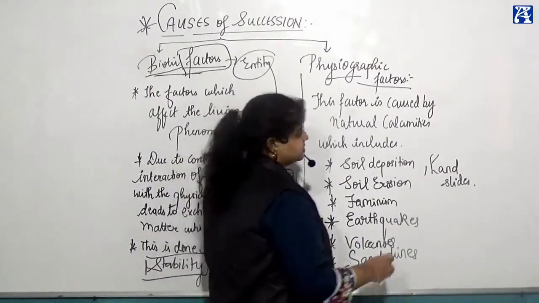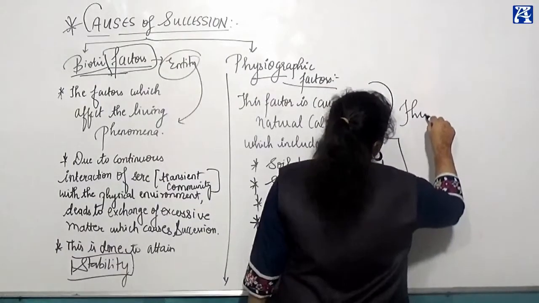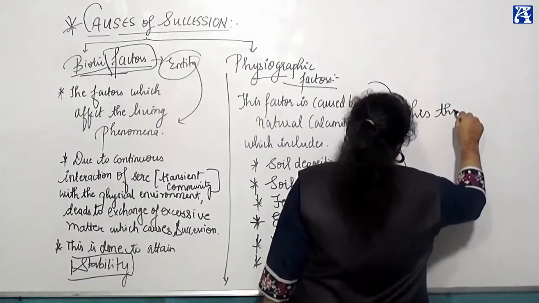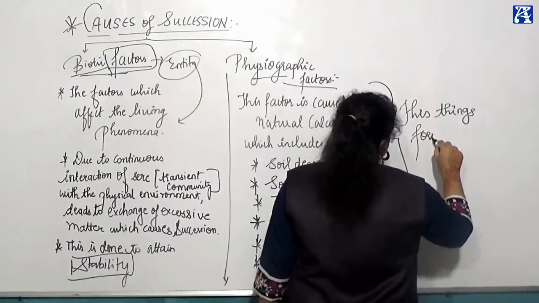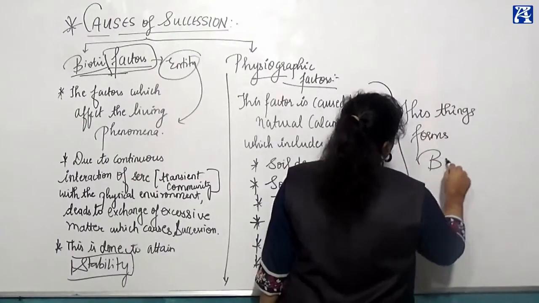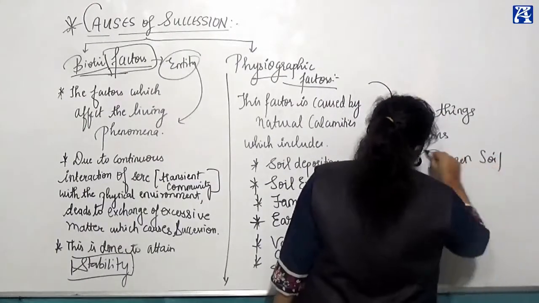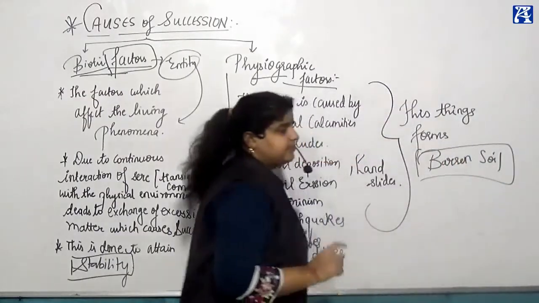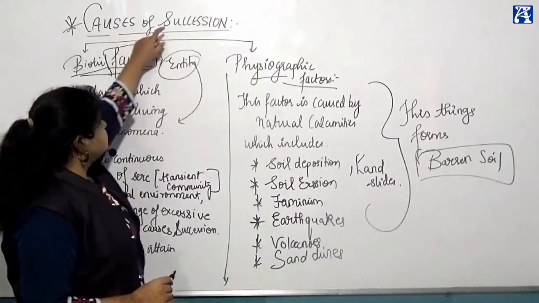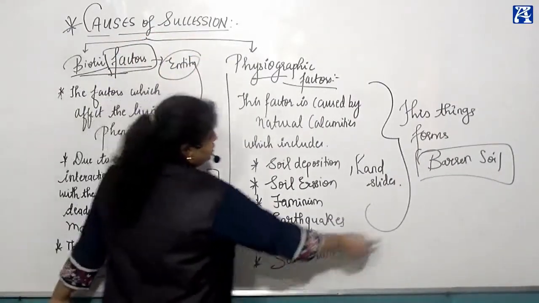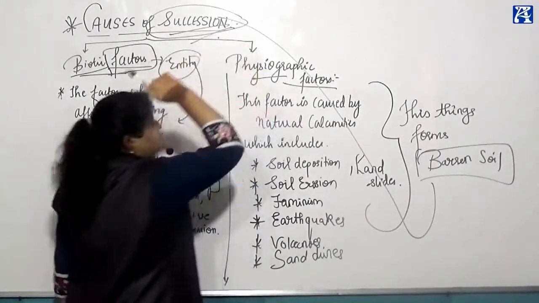This forms barren soil, and when on this barren soil a new plant develops replacing the old one, it leads to succession. Clear? Got it?